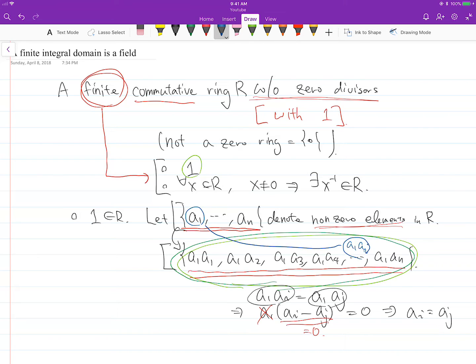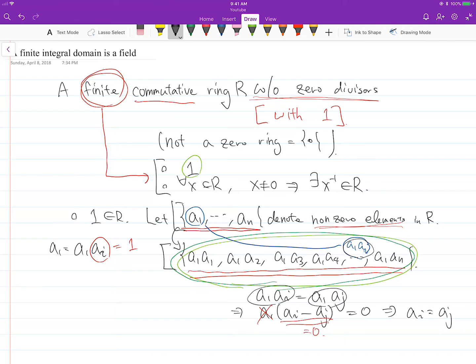We don't know what i is, but since we have two sets containing the exact same elements, they have to correspond. So a_1 is equal to a_1 a_i for some i. I'm going to write it down, and I claim that this a_i is actually 1.